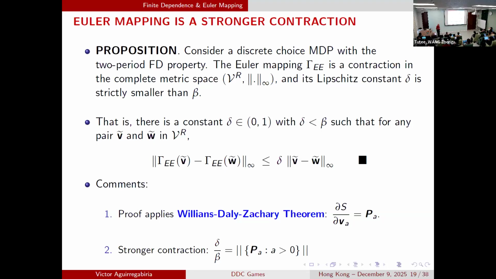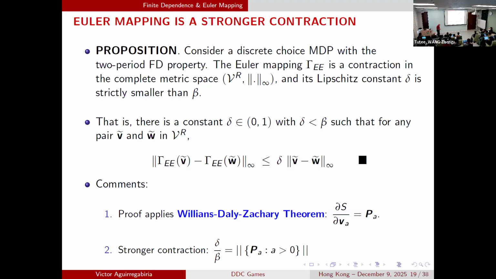Choice probabilities are between 0 and 1, and that is an important property in making delta strictly smaller than beta. How much delta is smaller than beta, the ratio between delta and beta, matters: the smaller this ratio, the faster the convergence of the fixed point iteration of this mapping.